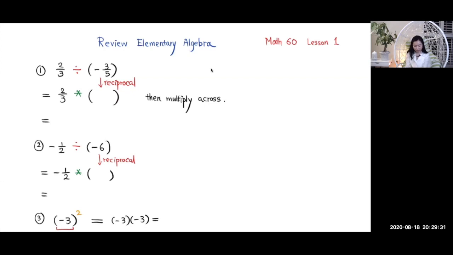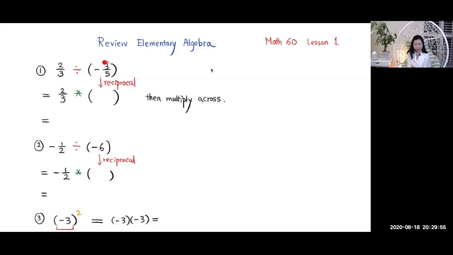All right, the first one here is 2/3 divided by -3/5. How do we do this? When we divide by a fraction, it is the same as multiplying by the reciprocal of this fraction right here.